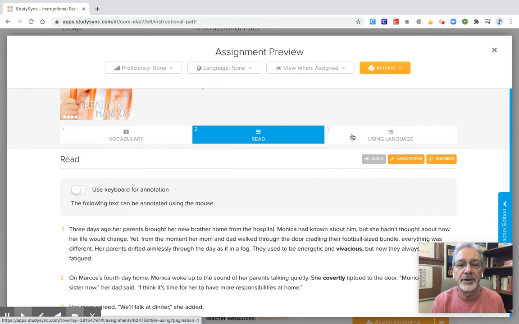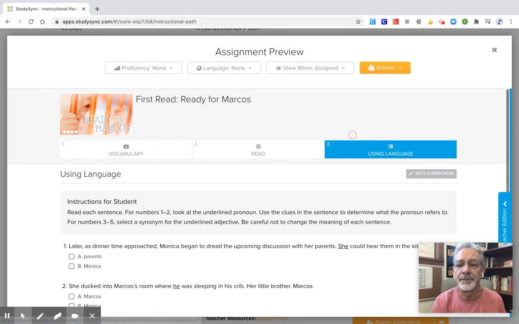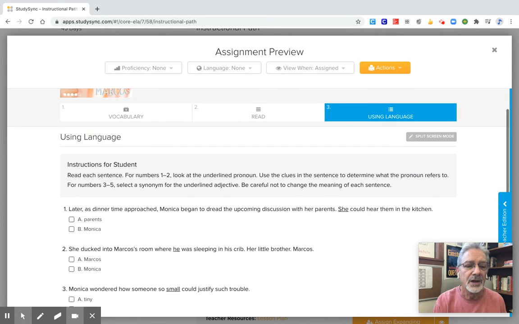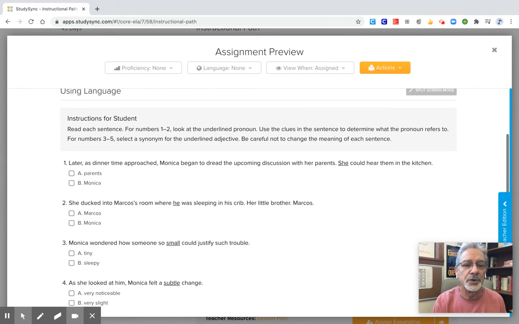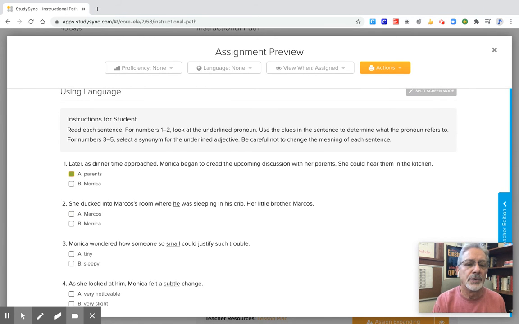The third area is called using language. And when we click on it, we come up with some questions, and they're multiple choice questions. And you would pick an answer for, like, question 1, later as dinner time approached, Monica began to dread the upcoming discussion with her parents. She could hear them in the kitchen.